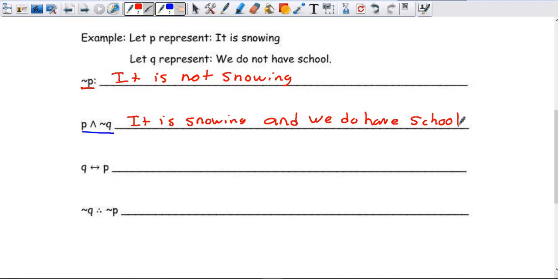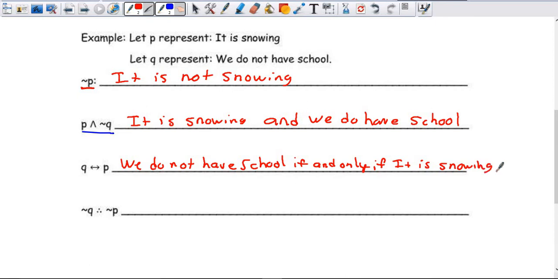For our next one, we have Q if and only if P, because that's our biconditional, right? So we do not have school if and only if it is snowing. Alright?